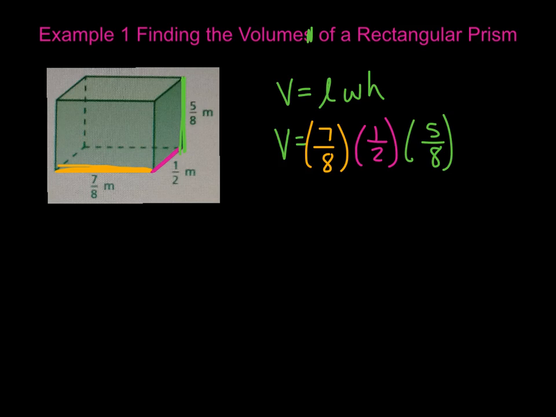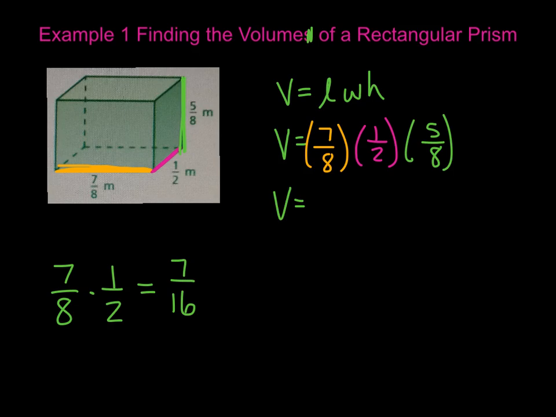Now that I've plugged in all of my numbers, now I can start simplifying. I've got 7/8 times 1/2 times 5/8. So again, you're going to have to do some side math. I'm going to do my volume equals. First thing you're going to solve is 7/8 times 1/2. Remember, we're not dividing, so we don't flip anything. We don't do reciprocals in this case. We just go and we look at the crisscross. If there's nothing that we can solve that way and break it down, we go 7 times 1 is 7. 8 times 2 is 16.